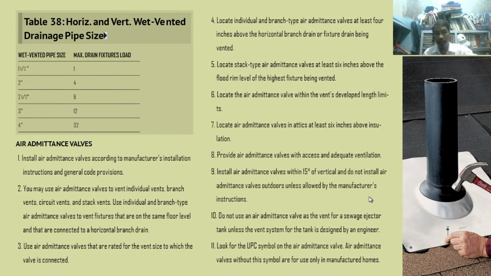So, table 38, horizontal and vertical wet vented drainage pipe size. Wet vented pipe size 1 1/2. So we can use 1 1/4, but for wet vented 1 1/2, 2 inches, here 2 1/2, 3 and 4. Maximum drain fixture load 1, 4, 6, 12, 32.